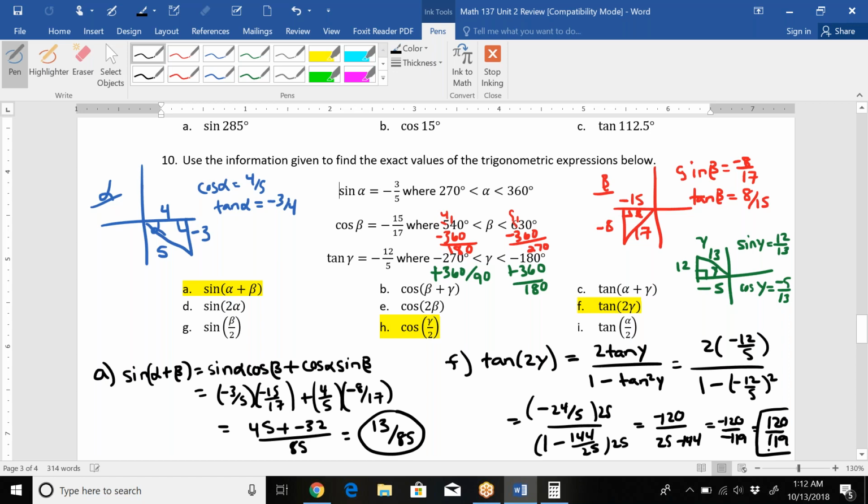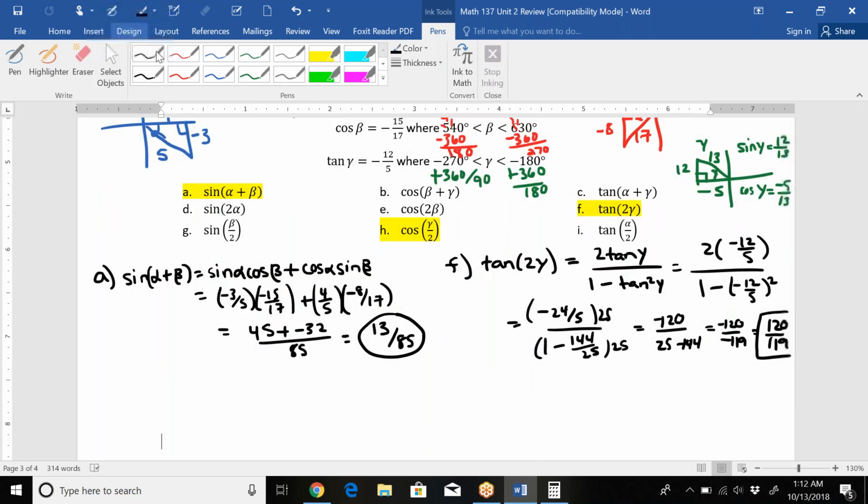Okay, and the last one of these, we want to do the half angle. We're going to use cosine of gamma. So for H, cosine of gamma over 2 is the formula, plus or minus the square root of 1 plus cosine theta all over 2. All that's in the radical.